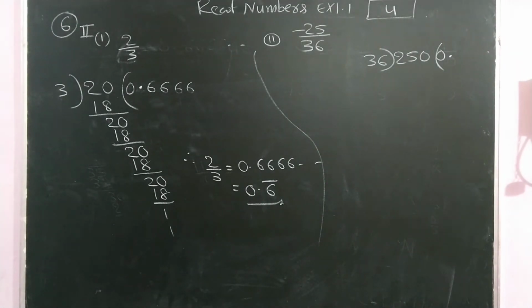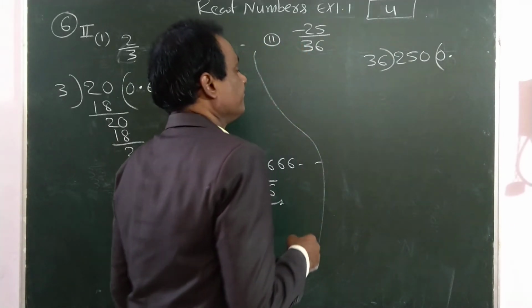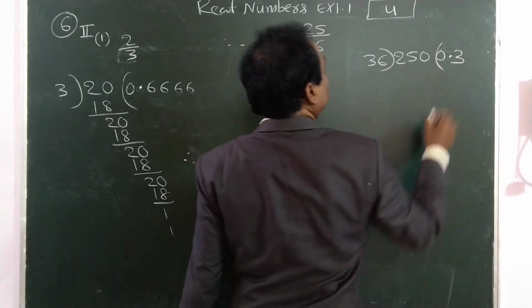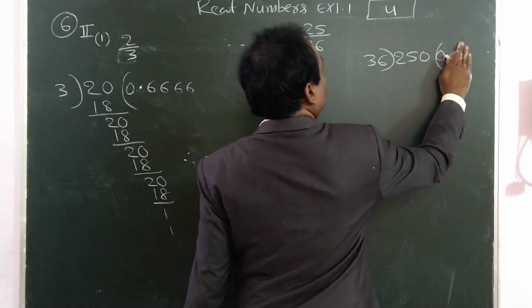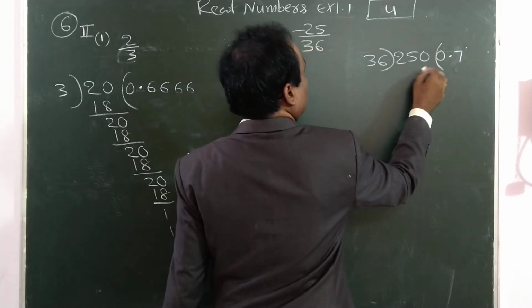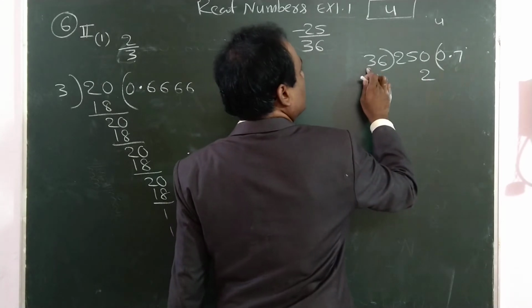Now see how many times 36 will go into 250. 4 times, 6 times, 7 times, let us try 7. 7 6 are 42, 7 3 are 21, 25.